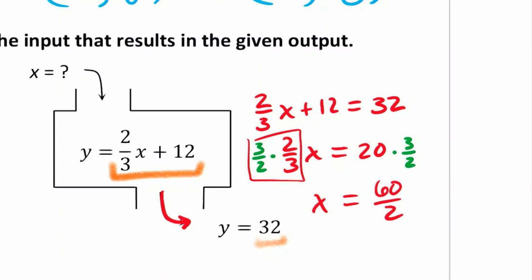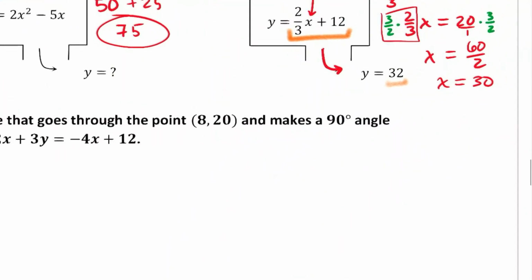Remember, the number 20 has a denominator of 1, so it's 20 times 3, which is 60 over 2, and 60 over 2 is 30. So the input is 30. I could just test this. If I put the number 30 right there, half of 60, it will give me an answer of 32.